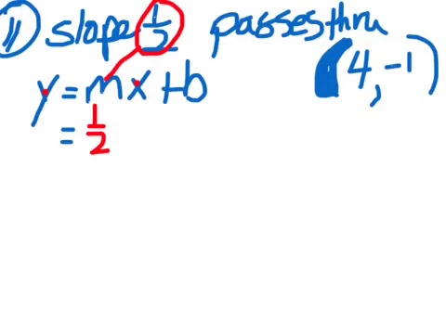Well, they did give me another piece of information, so let's go look at it, and that's what you should always do. Look at all the pieces of information they give you. I would say 99% of the time you're going to need all of it. Over here, they gave me a point, and if I think about it, isn't this an x and isn't this a y? So here's the plan.